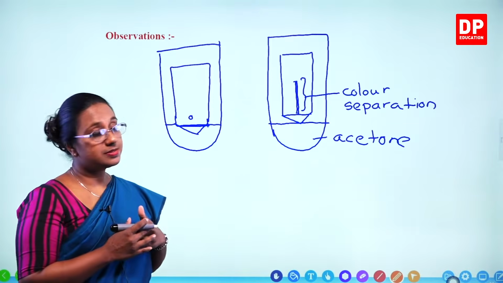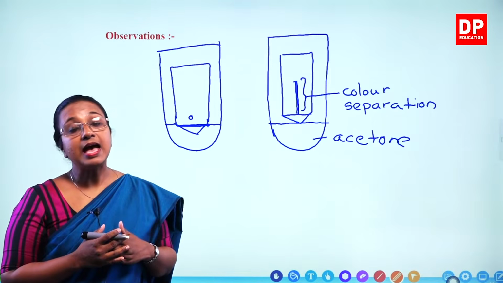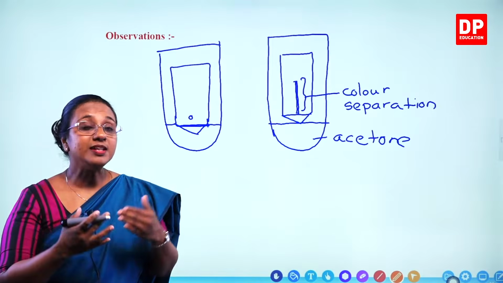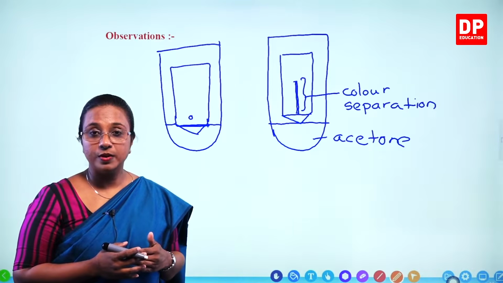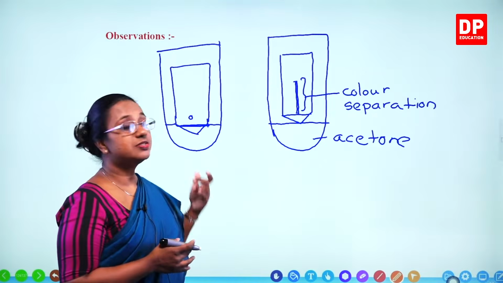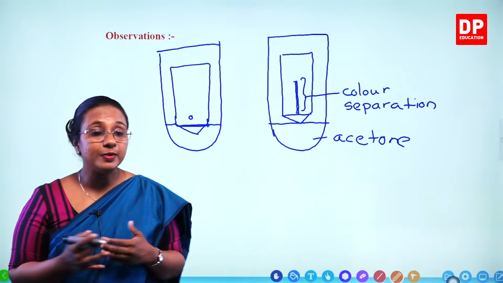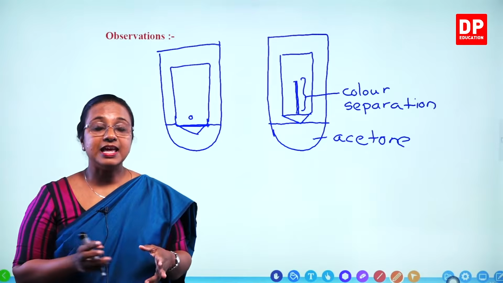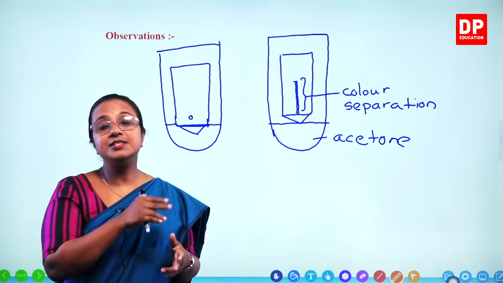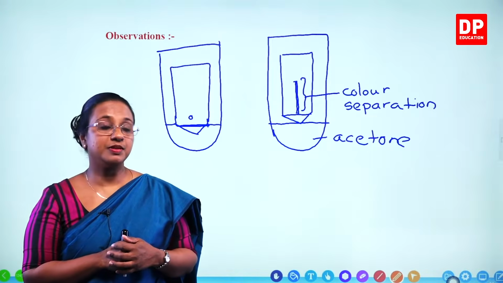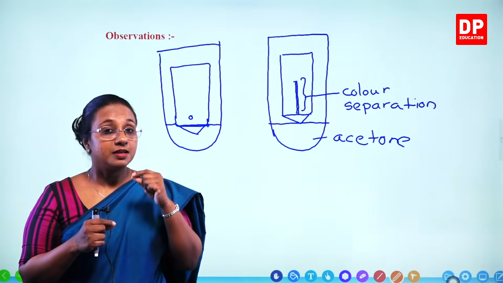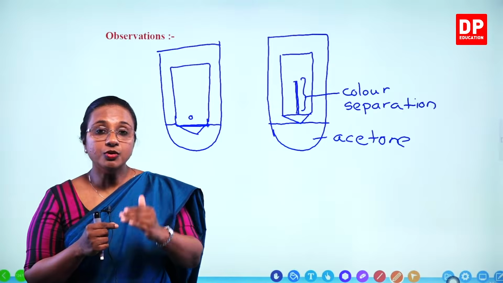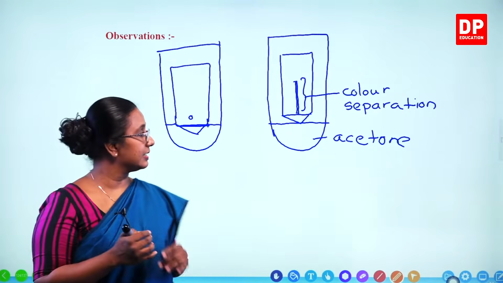If this was a procedure carried out in the analytical lab, what they will do is, once the separation is over, they take out the strip of paper, allow it to dry, and then they cut out regions from the chromatography paper. Sometimes the components separate into only small layers.